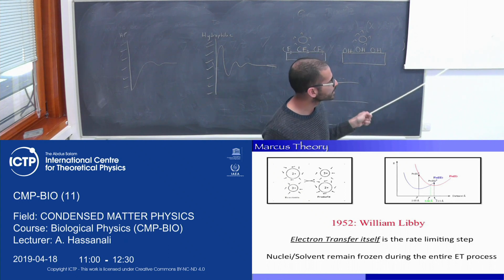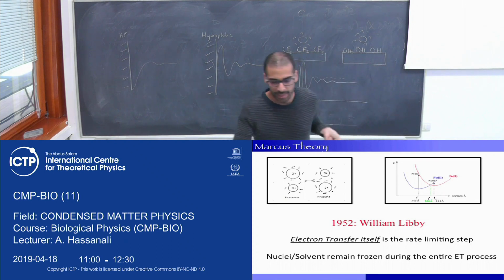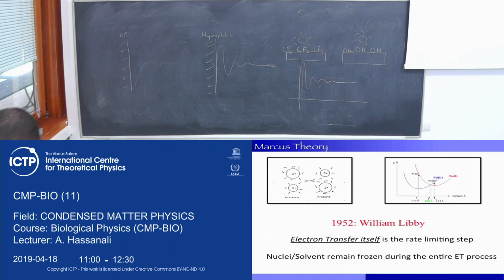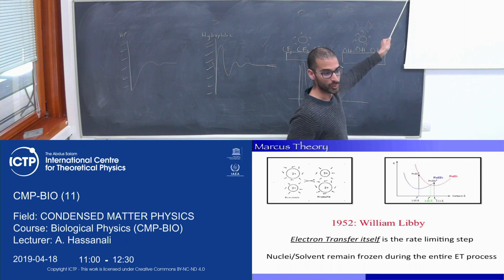Before he came up with this theory, people like William Libby thought that the rate limiting step for electron transfer was the electron hopping itself. So you have to go back to some of our discussions right at the beginning of the lectures, which is about time scales. So we have a lot of different time scales. What are the time scales in this type of process that control the rate at which the charge will hop?